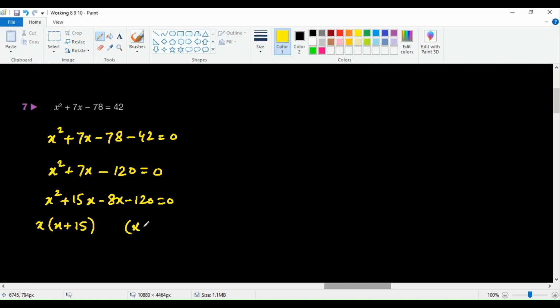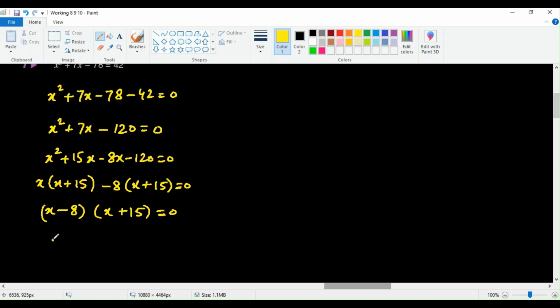I will write once again x plus 15 equals 0, and minus 8 you will write here. X minus 8 comes in one bracket, another bracket will be x plus 15 equals 0. That means the value of x is going to be positive 8 and x equals negative 15.